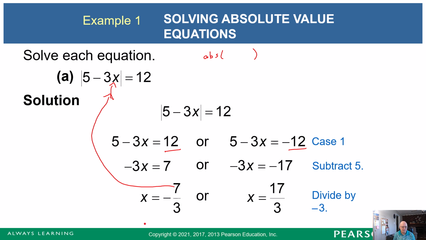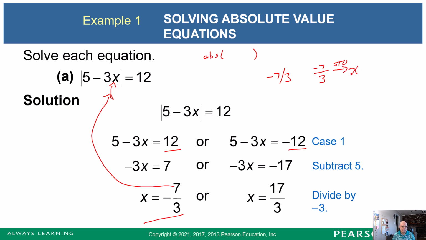All the rest of it must be done manually because I want to see the steps, and if you make small mistakes, then I can give you partial credit. So how do you check negative 7/3? That would be a difficult one for a lot of people.